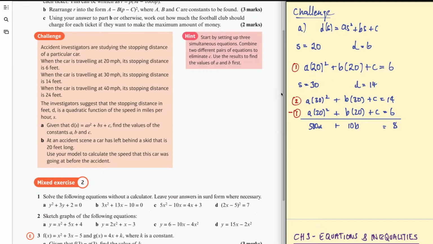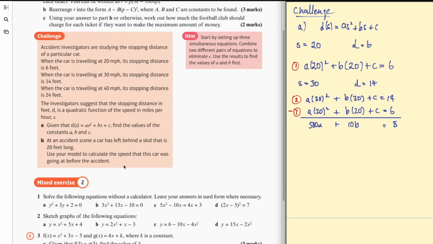Okay. And then using the other piece of information, I'm definitely going to need a bit more room here. Using the other piece of information, when the speed is 40, the stopping distance is 24.